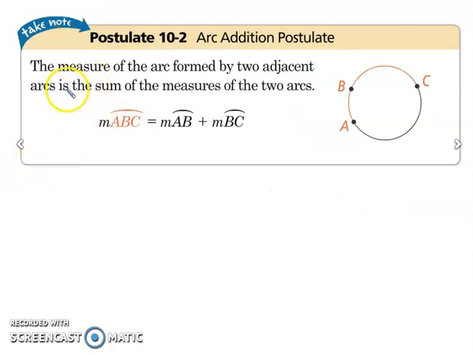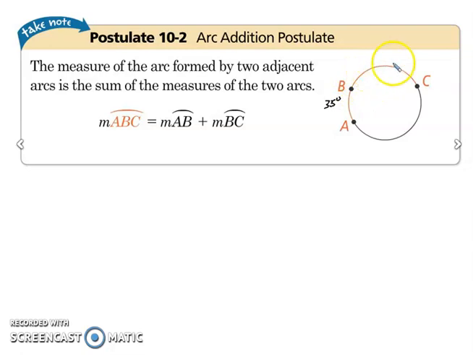So one theorem before we go to an example, one theorem that may help today is that if I'm adding multiple arcs that join together, we can just add their arcs together to make a larger one. This is very similar to adding segments together if they're all in a straight line. So for example, the arc from A to B, let's just put some numbers to it. Let's say this arc here was 35 degrees.